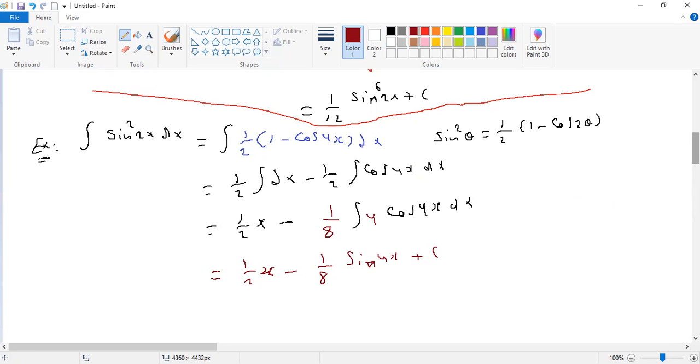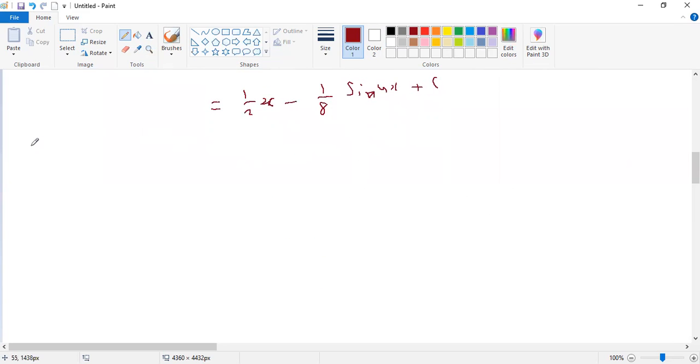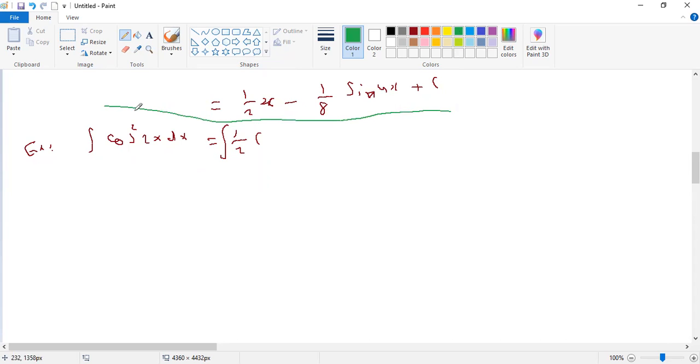See, students, this is the integral of sine squared. If you have cosine squared, for example cosine squared 2x dx, what will it be? You use exactly the same double angle formula, but it is not 1 minus cosine, we want the plus rule. For cosine squared, theta is half of 1 plus cosine 2 theta, so with 2x it is half of 1 plus cosine 4x dx.